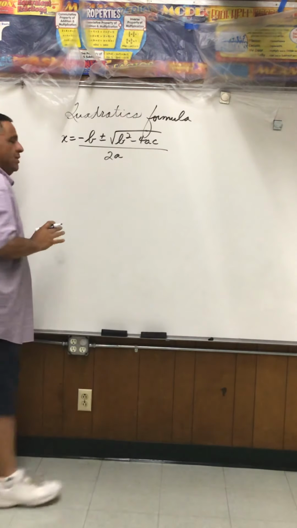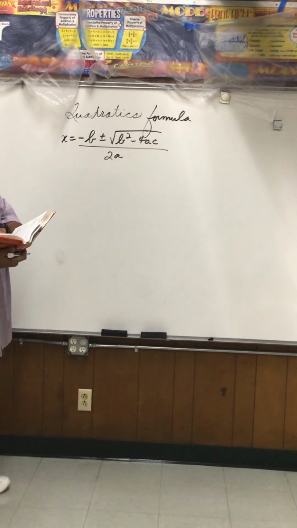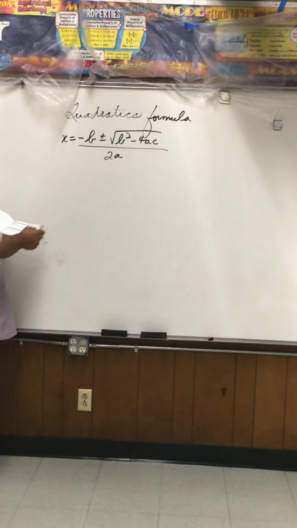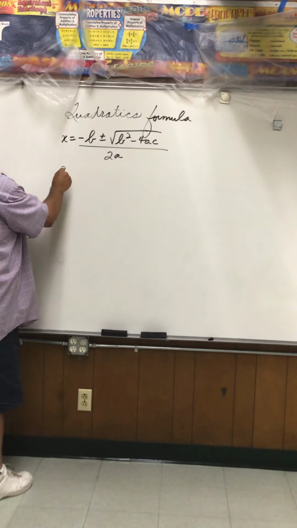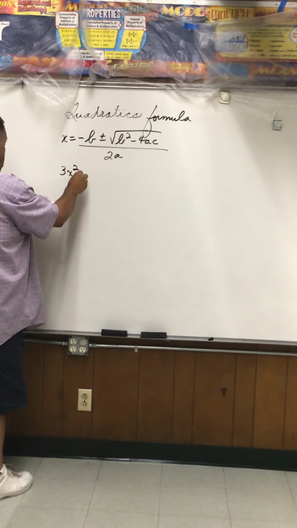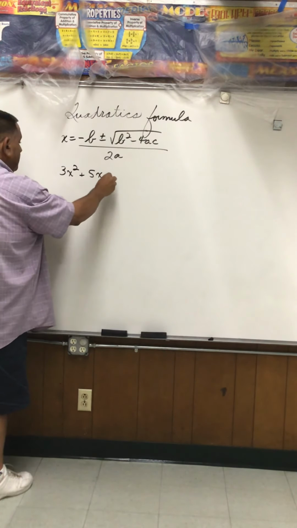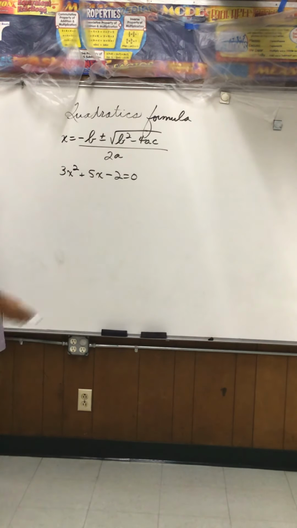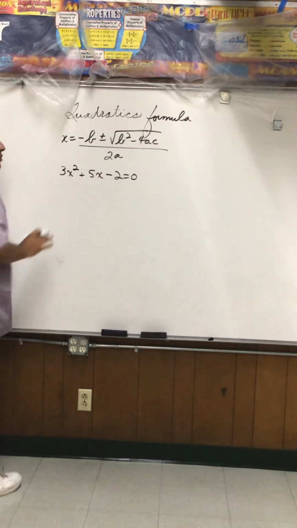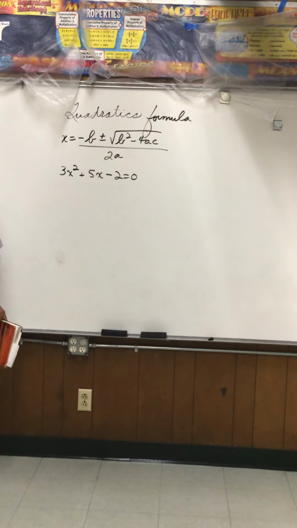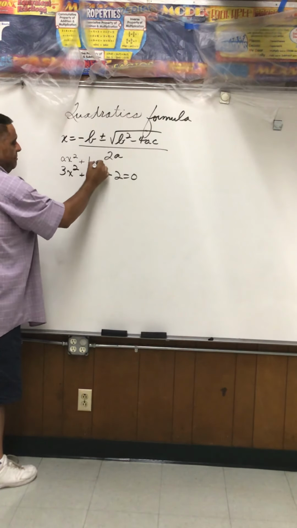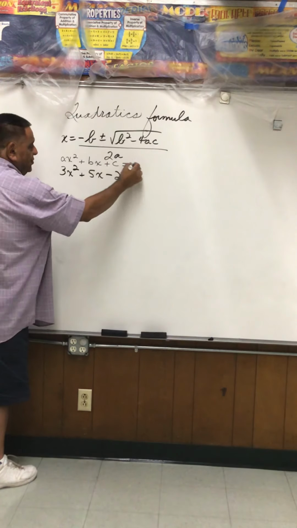But let me show you something. When we have a quadratic problem, all right? For example, if I give you a problem like this, 3x squared plus 5x minus 2 equals 0, and I want to use the quadratic formula, you have to remember that the standard way that a quadratic formula is written is ax squared plus bx plus c equals 0.